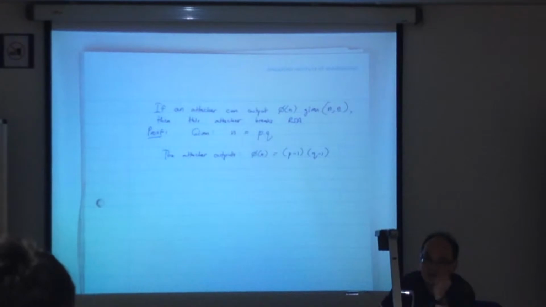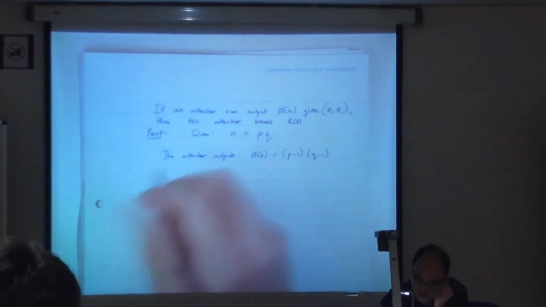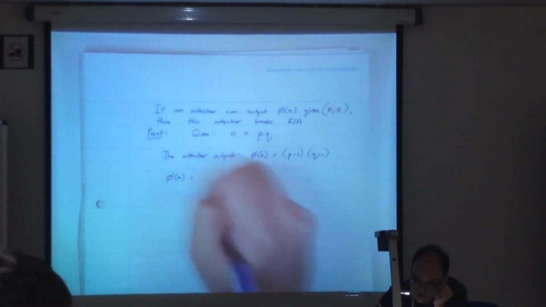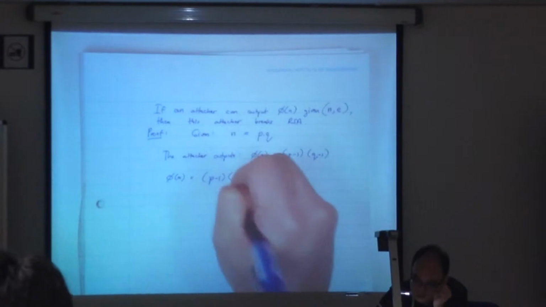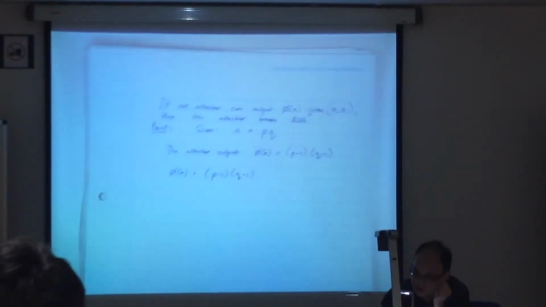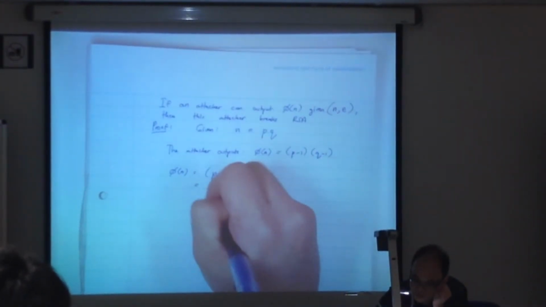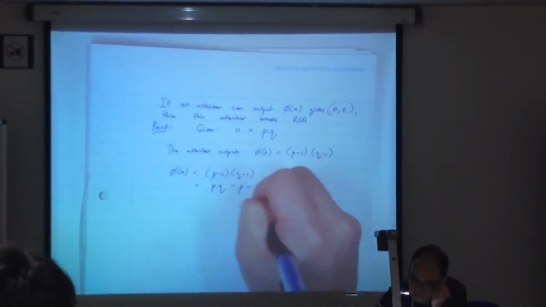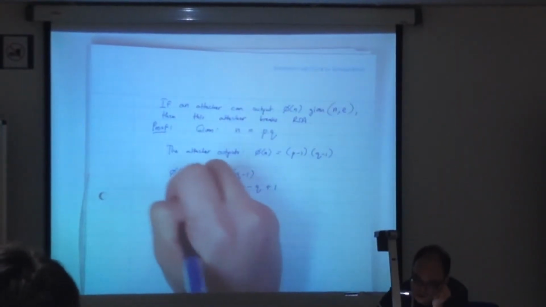We know phi n is p minus 1 times q minus 1. Now I will do a simple substitution. So phi n is p minus 1 times q minus 1, which is equal to p times q minus p minus q plus 1. That is phi n.